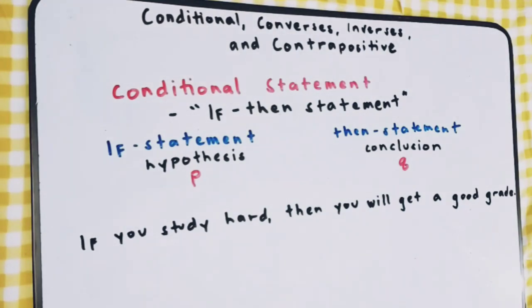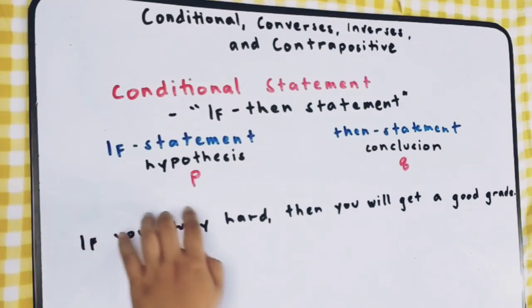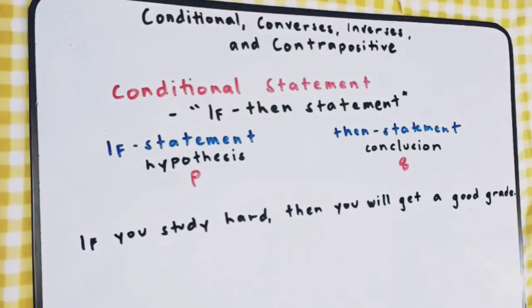And it also has a symbol. The symbol for hypothesis is P and the symbol for conclusion is Q. So we have here an example of a conditional statement. If you study hard, then you will get a good grade.